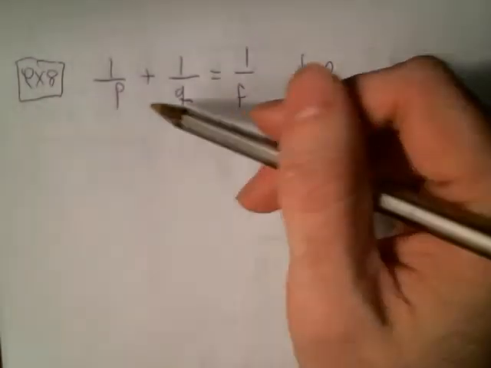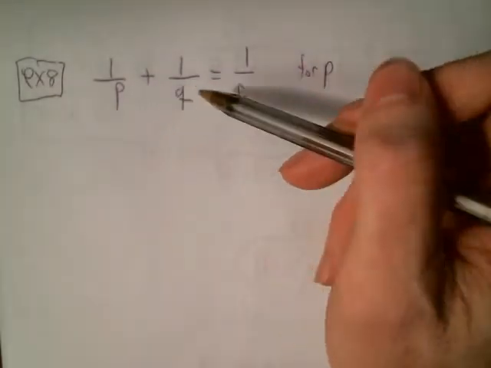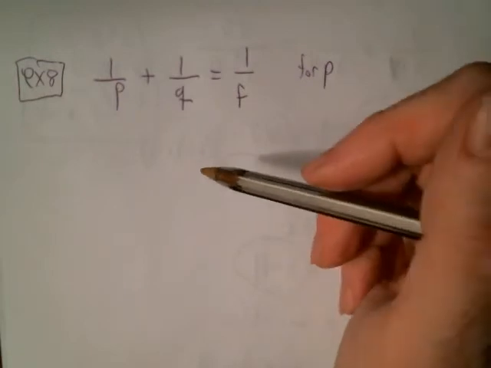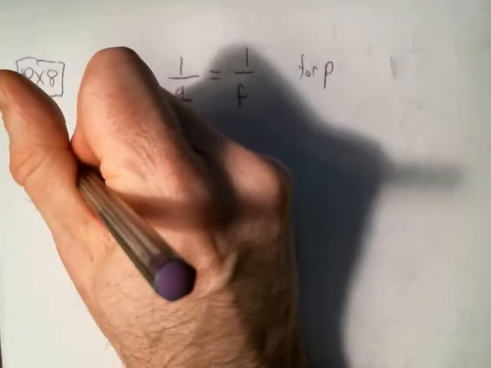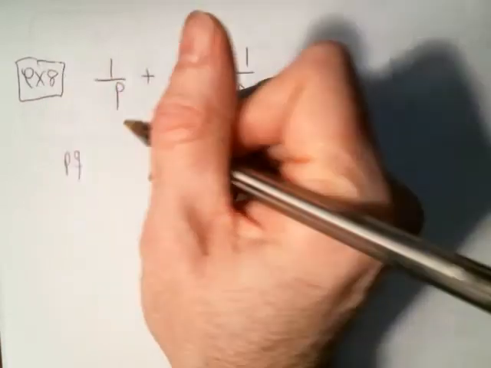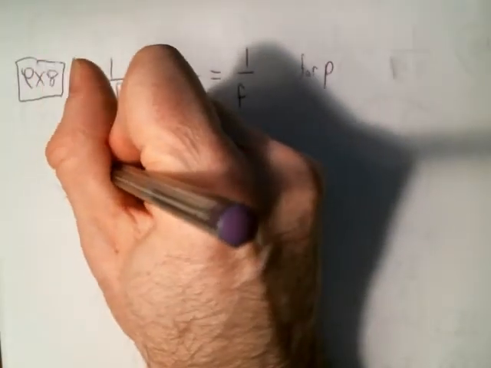So I'm going to multiply through by something that's divisible by p, q, and f. And what is that? Well, it's just pqf, right? So I'm going to multiply, and there's no need to do restrictions for these problems.